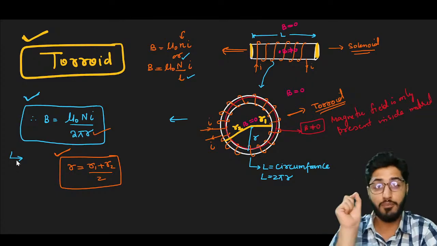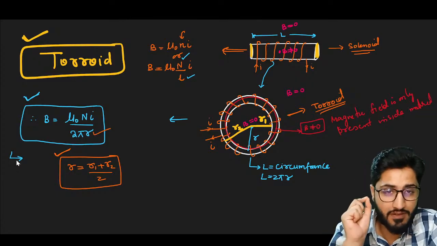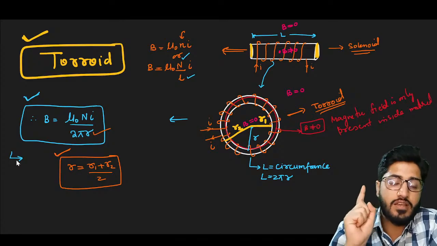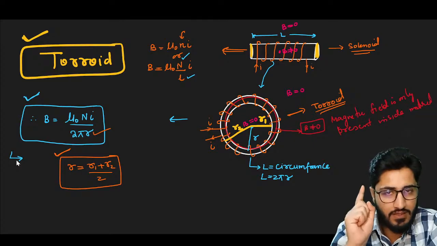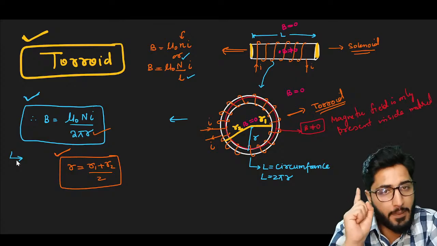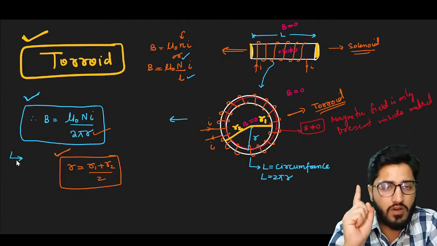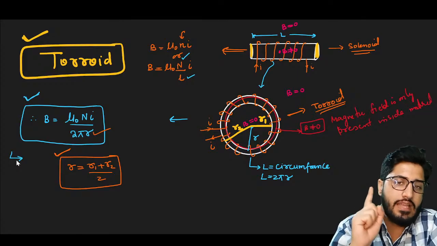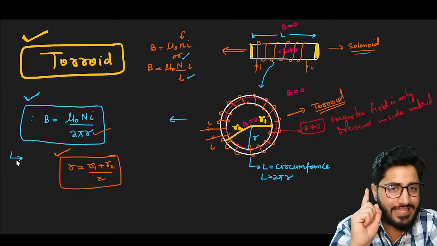Up to this particular topic, what we had studied: the magnetic field around a current carrying wire according to the Biot-Savart law, mu naught I by 4 pi r times (sine theta 1 plus sine theta 2).